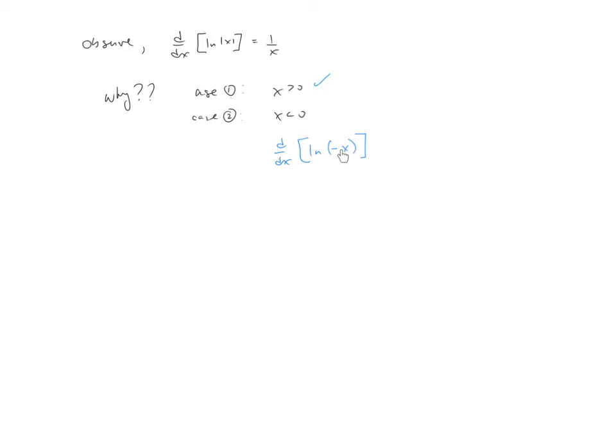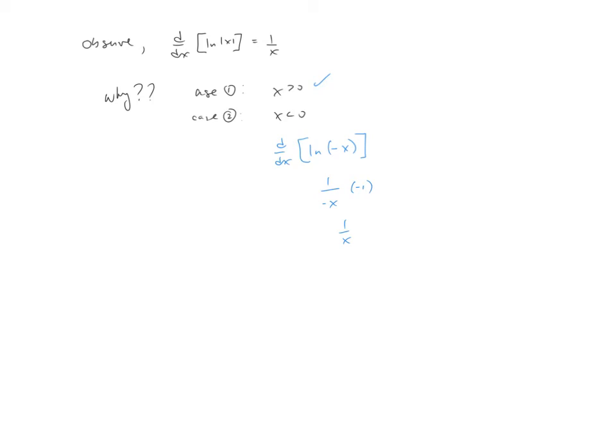So that's the only way we're allowed to take the natural log of something, if this quantity is positive. So when I come through now and I take its derivative, I'll get my 1 over negative x times the derivative of the inside, which would be our negative 1, hence leaving us with this 1 over x.